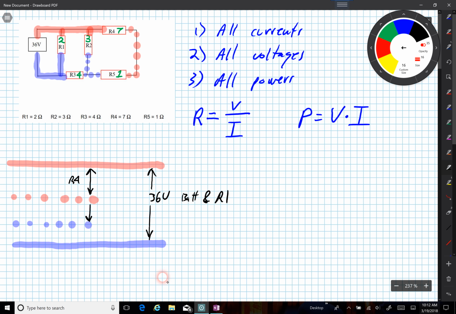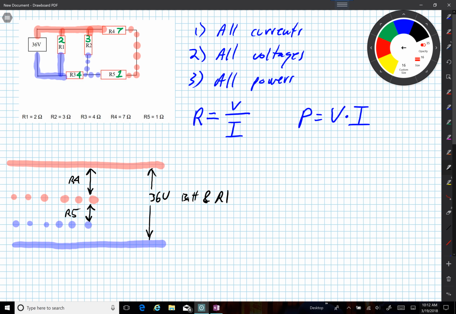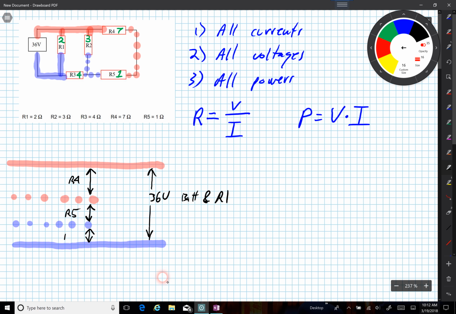Here, this is R5, which has the combination of dashed red, dashed blue. Then I have dash blue, solid blue. This here is R3. And I have R2, which is solid red, dash blue.